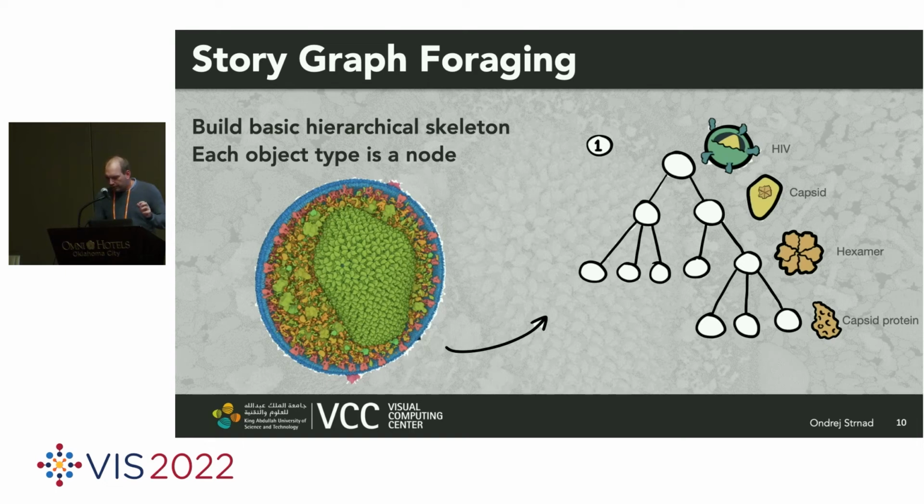So the input is a biological model that contains a hierarchy, and every type in that model is labeled, it has its own name. So for every type, we create a node in the skeleton of the story graph, and we copy the parent-child relation from the hierarchy.